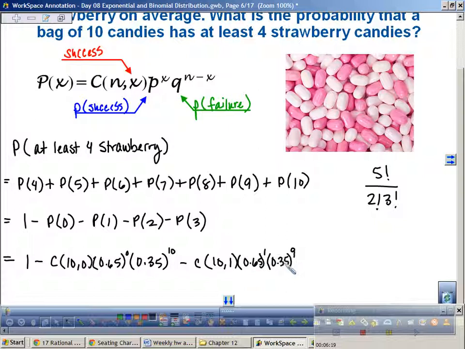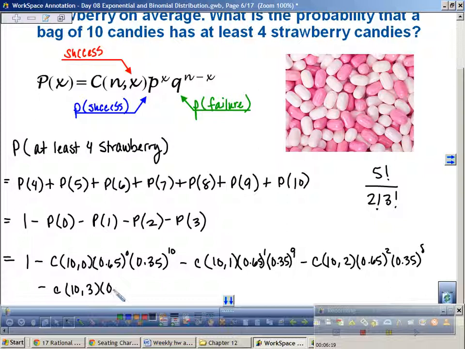This is 0.35. Minus C, 10 choose 2, 0.65 to the 2, 0.35 to the 8. Minus C, 10 choose 3.